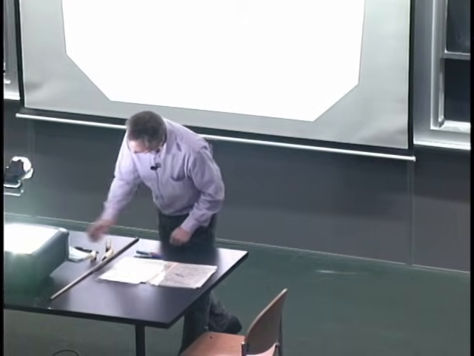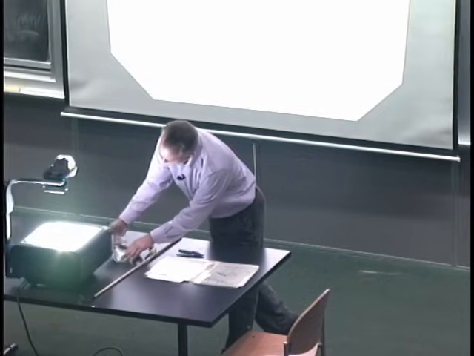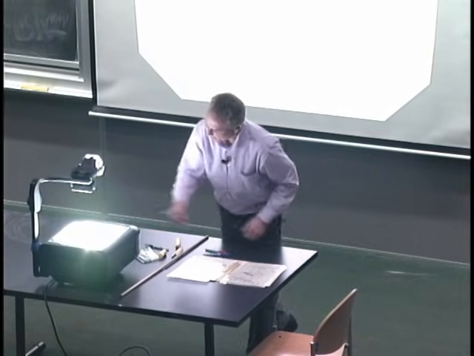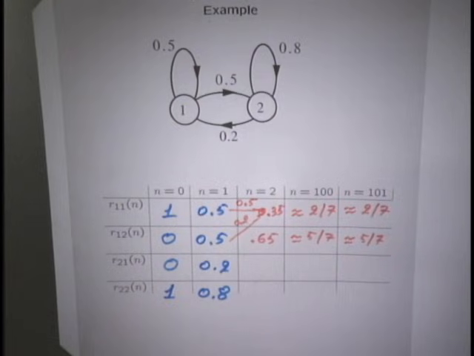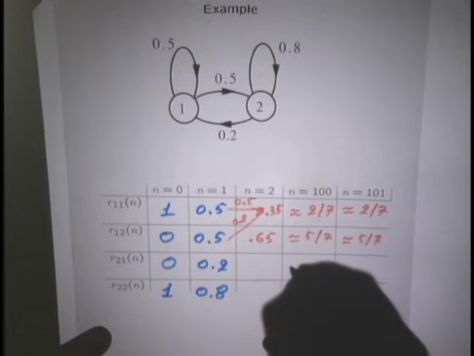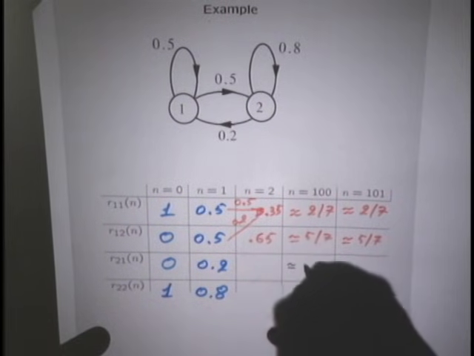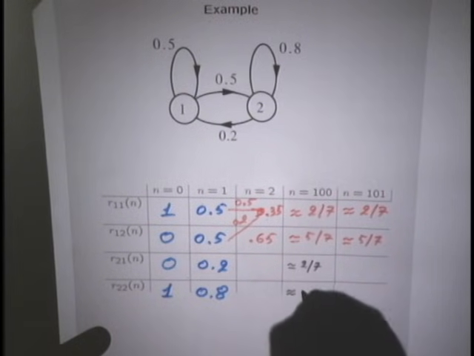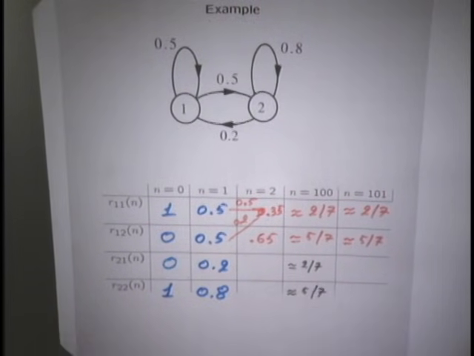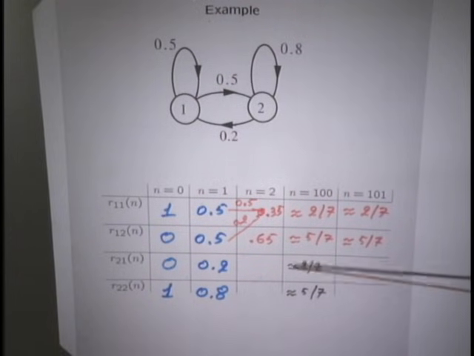Now we can also do the calculation about the probability starting from state 2. And here you do the calculations. I'm not going to do them. But after you do them, you find that this probability also settles to 2/7, and this one also settles to 5/7. So these numbers here are the same as those numbers.